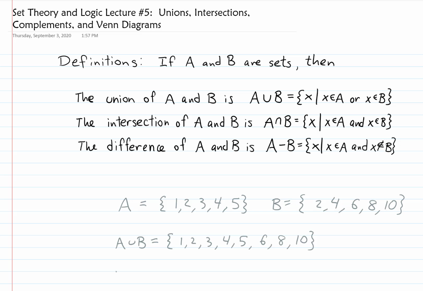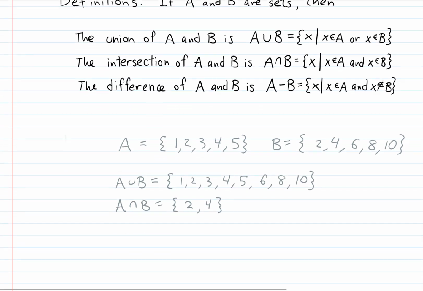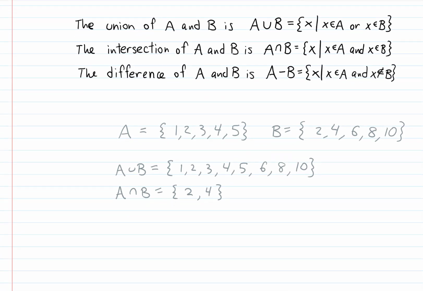Okay, now let's do A intersection B. That's the stuff that's in A and B both. So what is that? I only see two numbers, 2 and 4. Okay, let's do the difference of A and B. That's the stuff that's in A but not B. So that would be 1, 3, and 5.